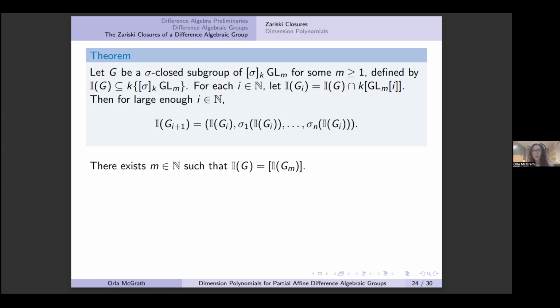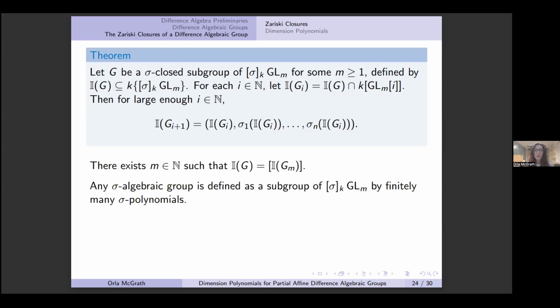So of course, we know that it's finitely generated. And this actually tells us that then IG is finitely difference generated. So this is one of the things that we wanted to see, that any difference algebraic group can be defined as a subgroup of the general linear difference algebraic group by finitely many difference polynomials.